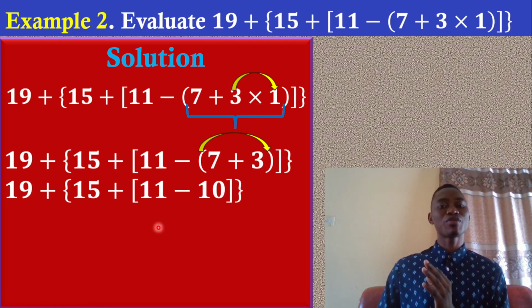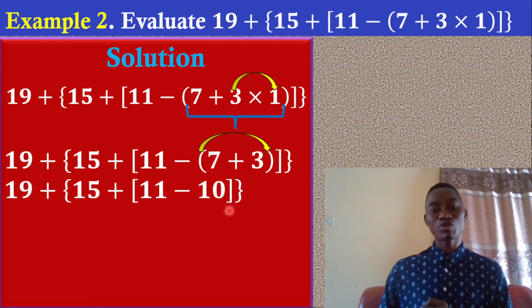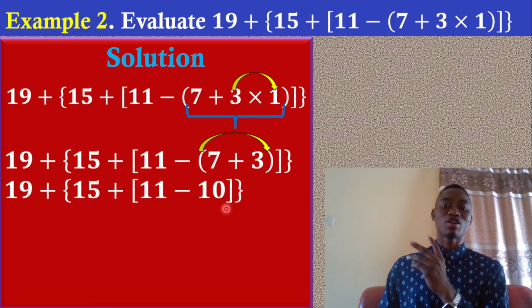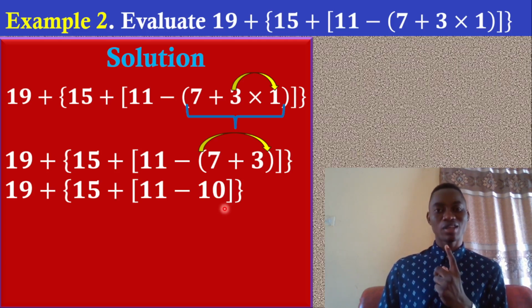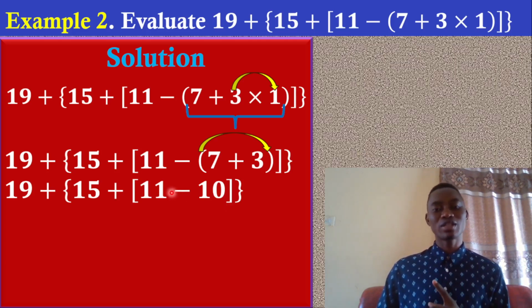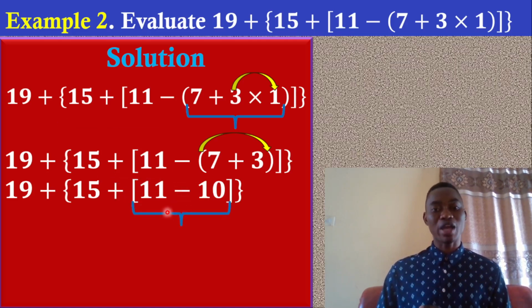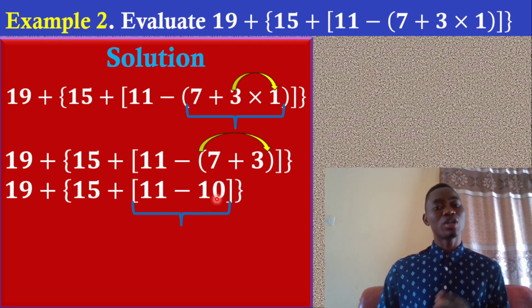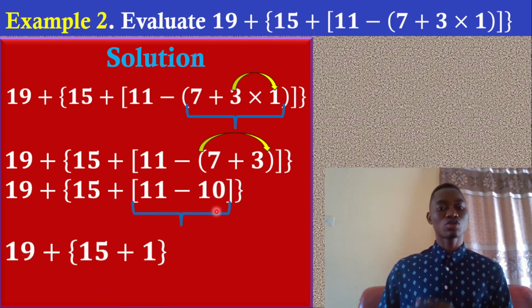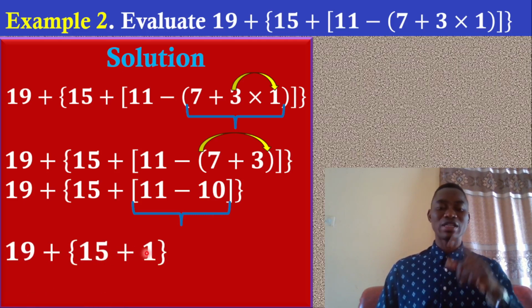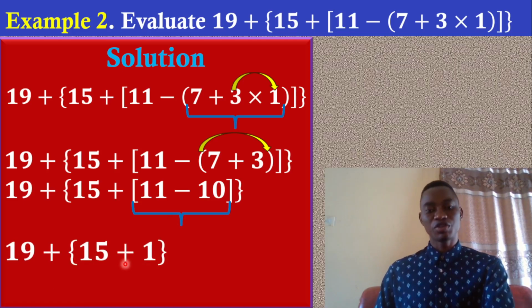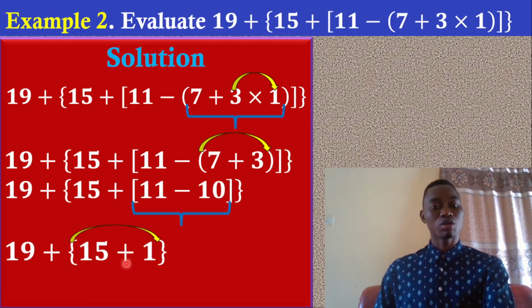So now we have a new innermost square bracket. What we have inside this innermost square bracket is 11 minus 10, and 11 minus 10 returns 1. That leaves us with 15 plus 1 inside this curly bracket. 15 plus 1 is what? 16.